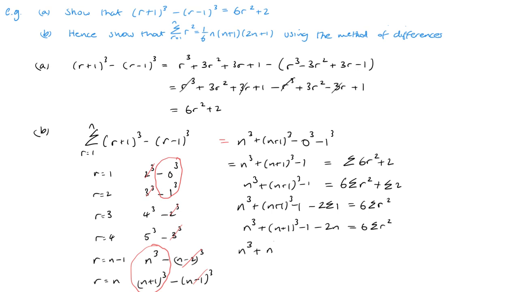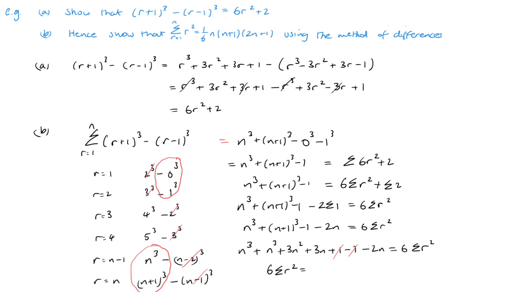So this is going to be n cubed plus 3n squared plus 3n plus 1 minus 2n equals 6 sum of r squared. So now my 1's will cancel with each other. And I'll just write the 6 sum of r squared on the left hand side now.